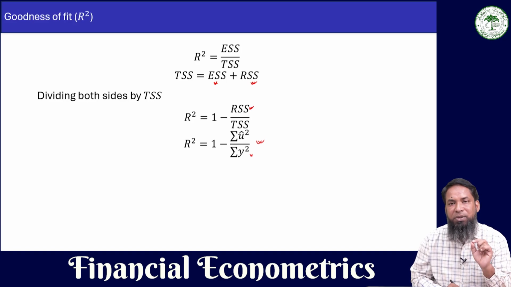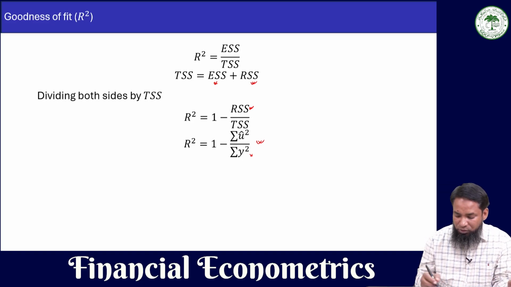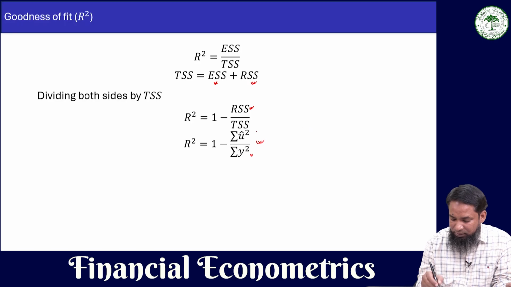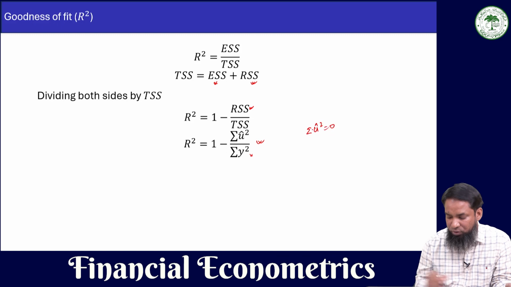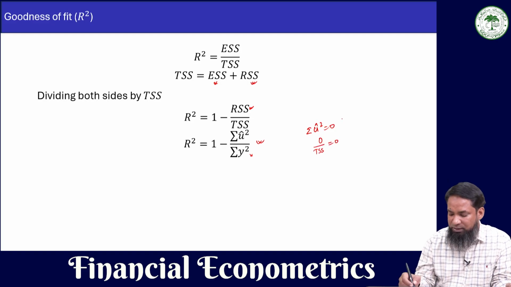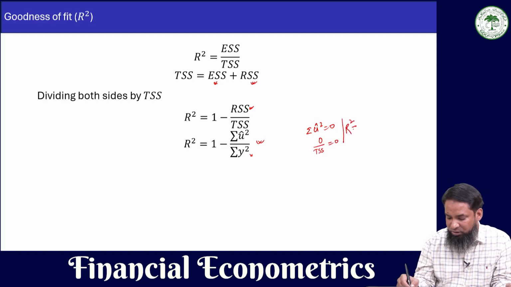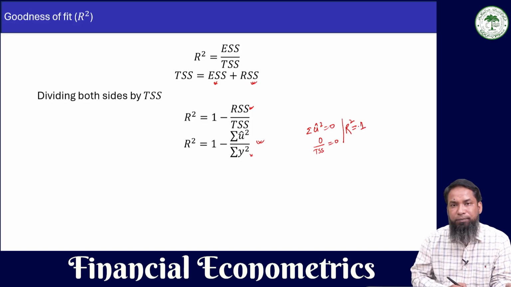In that case, u hat, that is the residual, will be equal to 0. So the summation of u hat square will be 0, and 0 divided by the total sum of squares, the total variation, will be equal to 0. If that is the case, then this r square turns out to be 1.